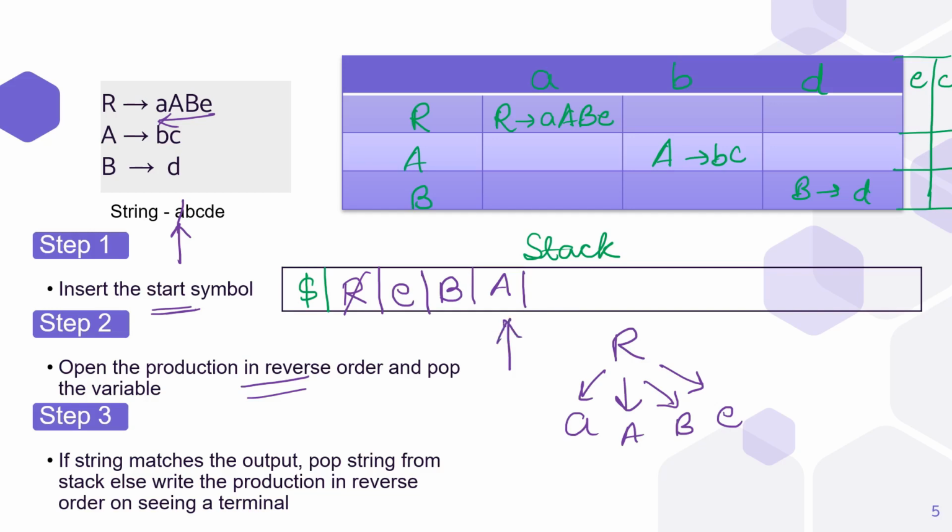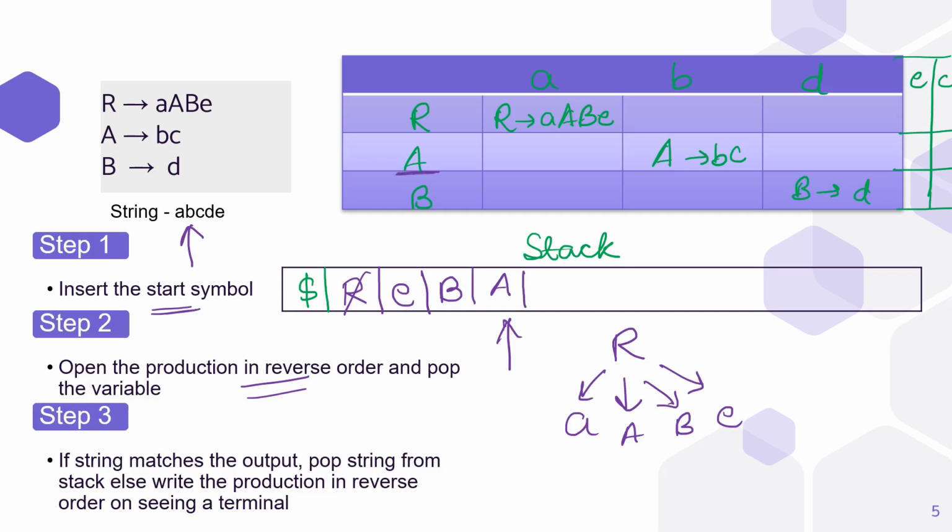and now the pointer will be pointing at A. Okay, so the pointer is now pointing at A and our string is now pointing to B because A is already parsed. Since A is at the top, what will A see on reading B? Let me repeat my words again. What will A see on seeing B? Here we would use the parse table.